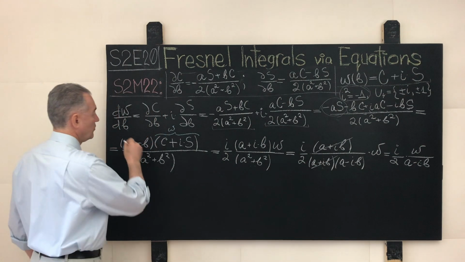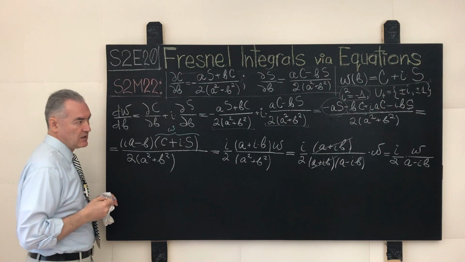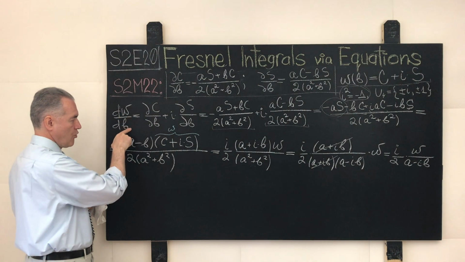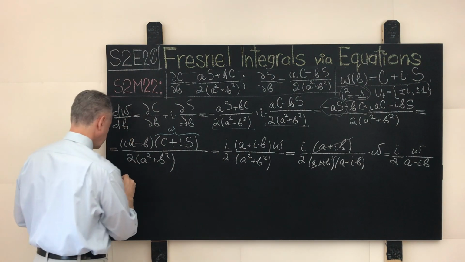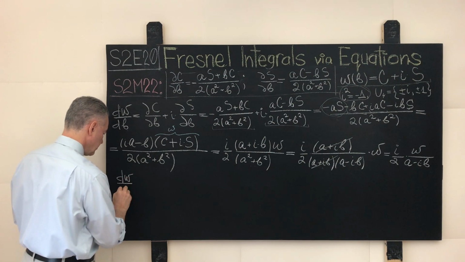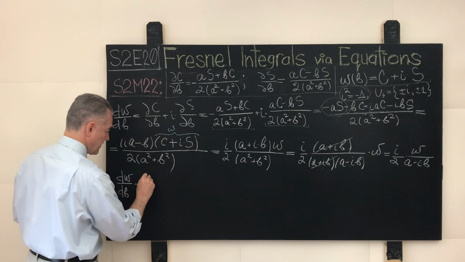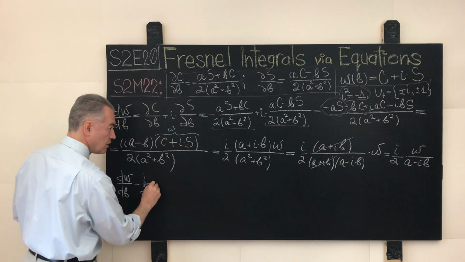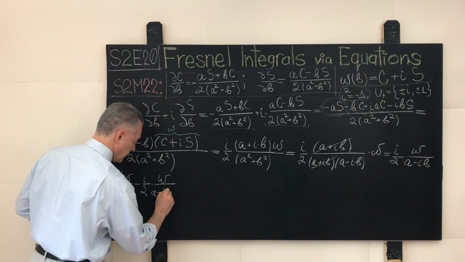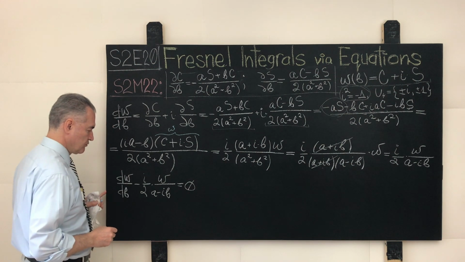And our long string of straightforward manipulations terminates with what observation? The first derivative of the function w over its independent variable b. We write that fact down over here: dw over db minus i over 2 times w over a minus i times b is equal to 0.